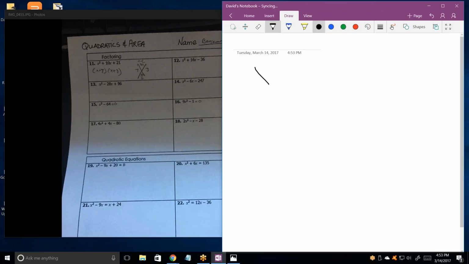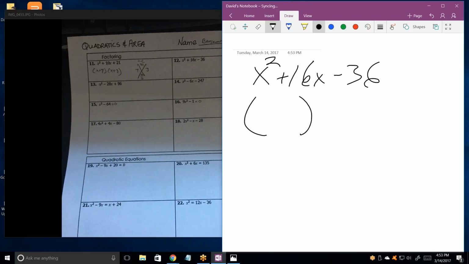We got x squared plus 16x minus 36. So how's that going to factor? So that's going to be to find something that multiplies to 36, subtracts to 16. And I know my signs have to be opposite.